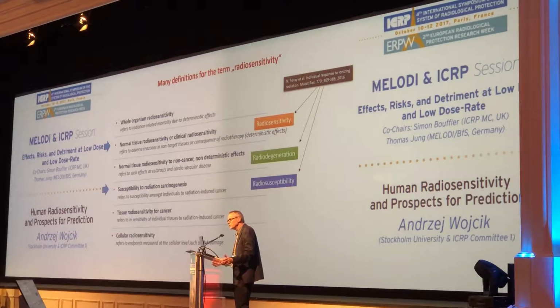So you can talk about whole organism radiosensitivity. You can talk about normal tissue radiosensitivity with respect to side effects of radiotherapy, so clinical radiosensitivity, normal tissue radiosensitivity, non-cancer, non-deterministic effects, susceptibility to radiation carcinogenesis, tissue radiosensitivity for cancer, or cellular radiosensitivity.